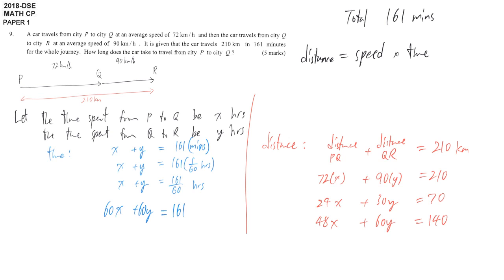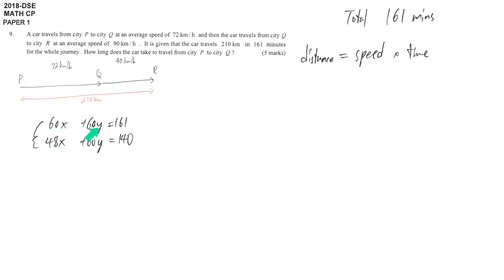Now I'm going to put them together. This part equals this part and this part equals this part. So if I use this left hand side minus this left hand side, then it's equal to this right hand side minus this right hand side.